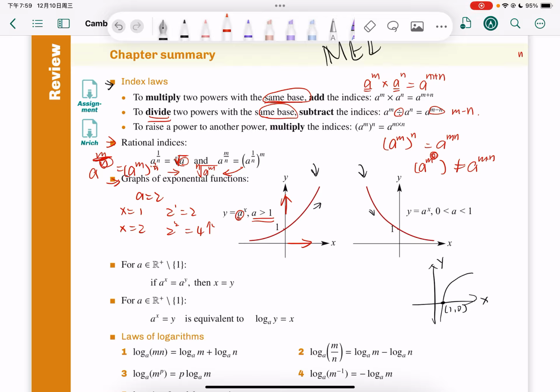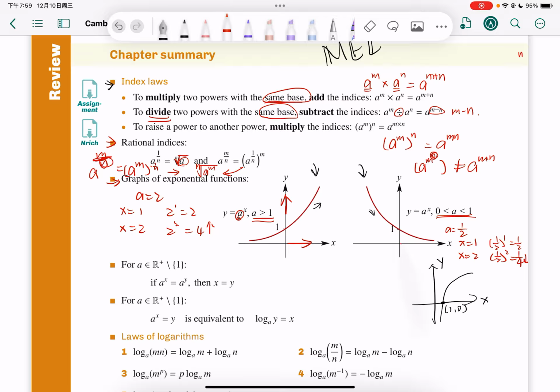What about if we have a positive base a that is greater than 0 and less than 1? For example, a equal to half. If x is equal to 1, then we have half to the power of 1, which is just half. If x is equal to 2, we have a quarter. So obviously it's decreasing.